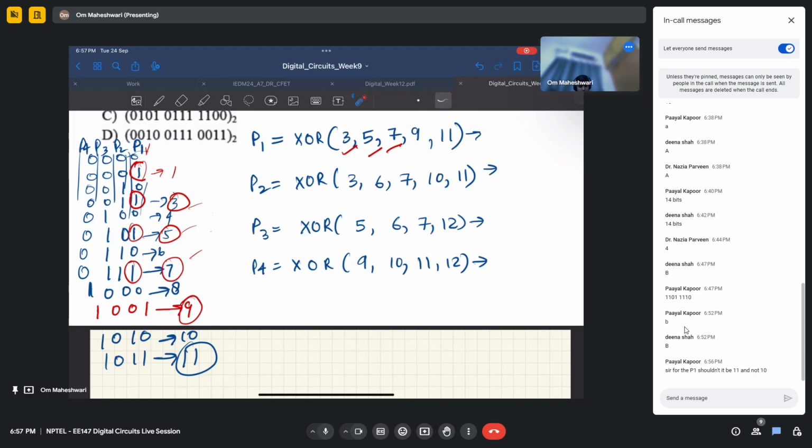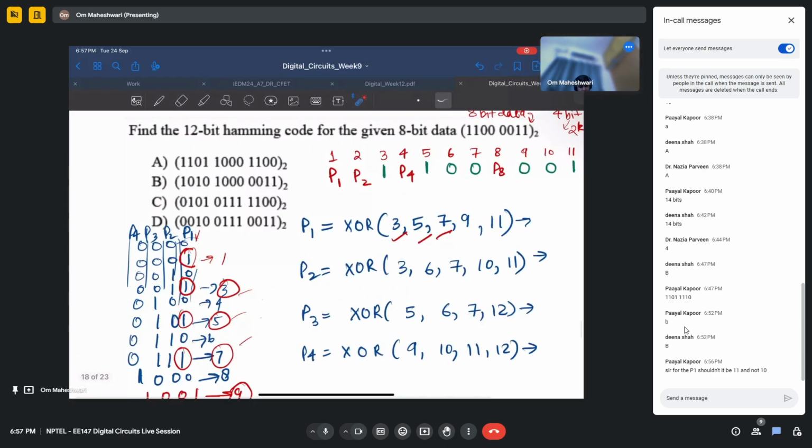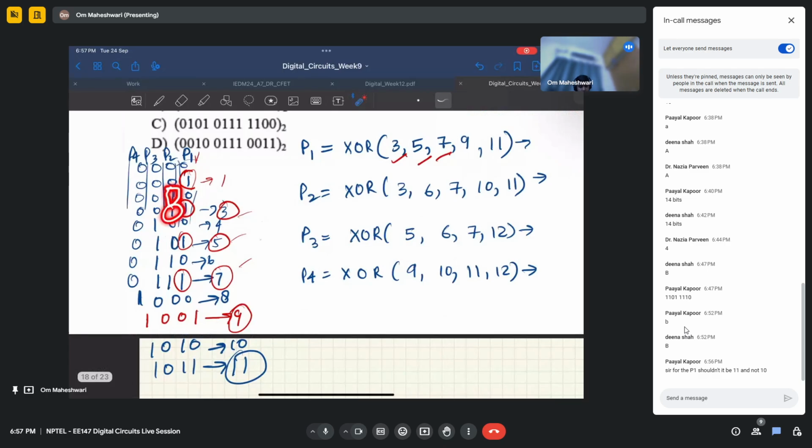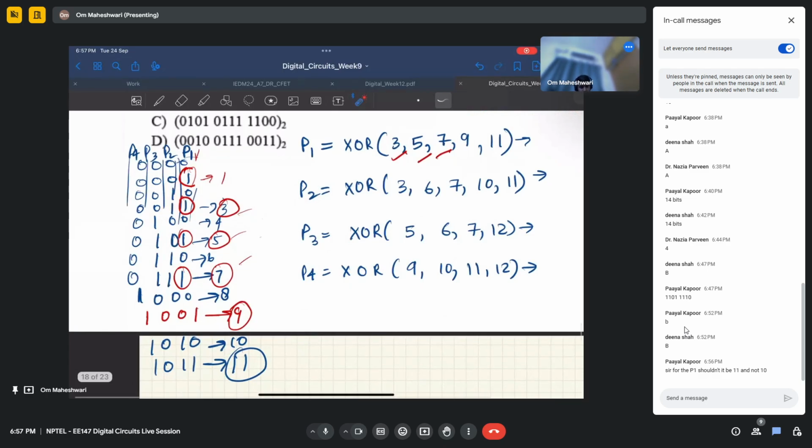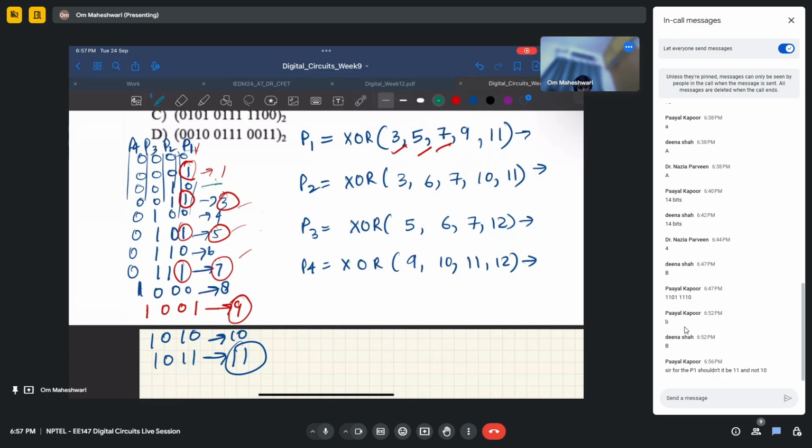Similarly, all those which have ones in the second bit. So what are these? In 2, so 2 itself is P2, so we will not consider 2.